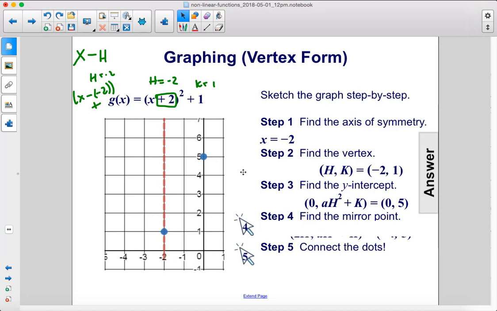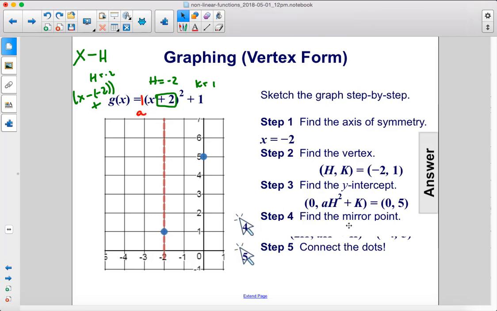When we plug 0 in here, we get 2 squared plus 1, which is 4 plus 1, which is 5. So (0, 5). It's also a times h squared plus k, but that's just what you would get if you made x 0 and included a. A here is just 1, so we don't need to include it.